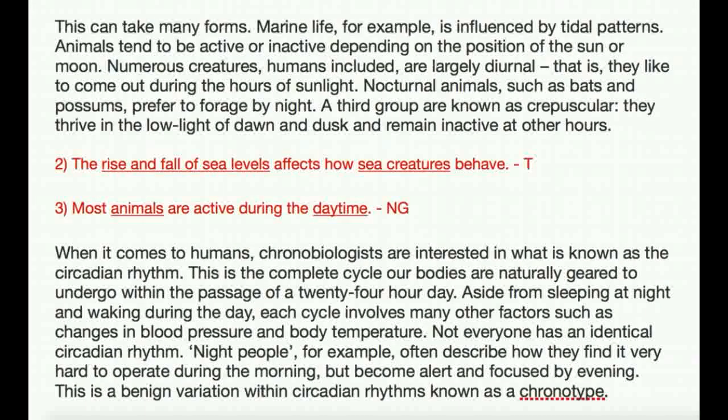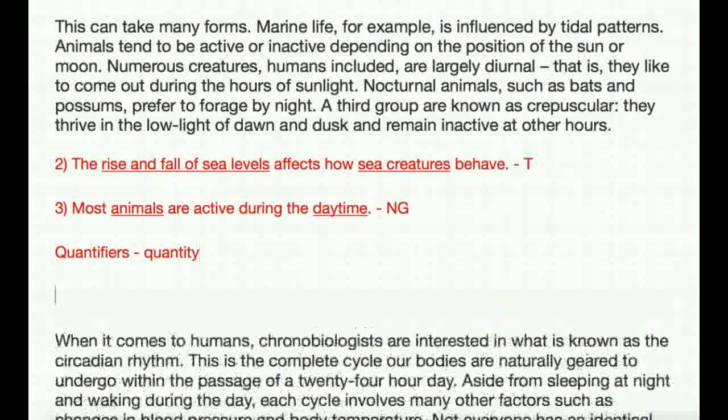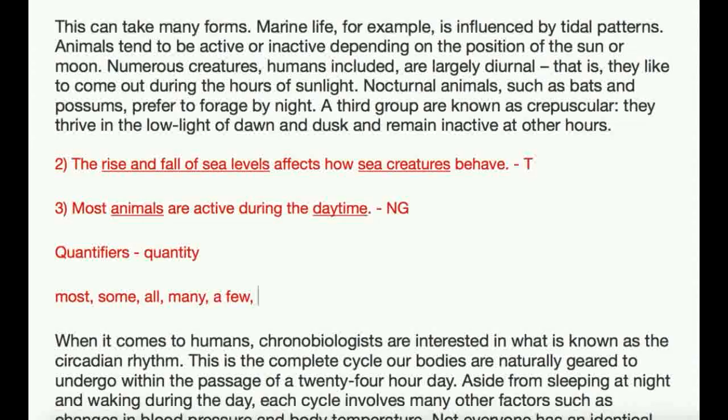So that question 3 highlights another tip to be aware of in these IELTS reading true, false, not given questions. And that is to think about quantifiers. Quantifiers are things in English that are used to talk about quantity. So you have things like most, some, and so on.